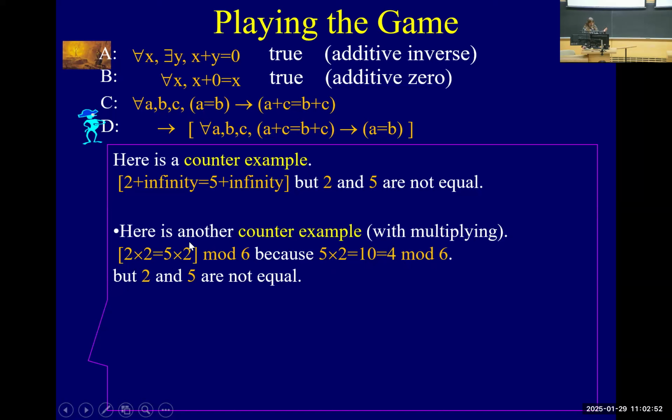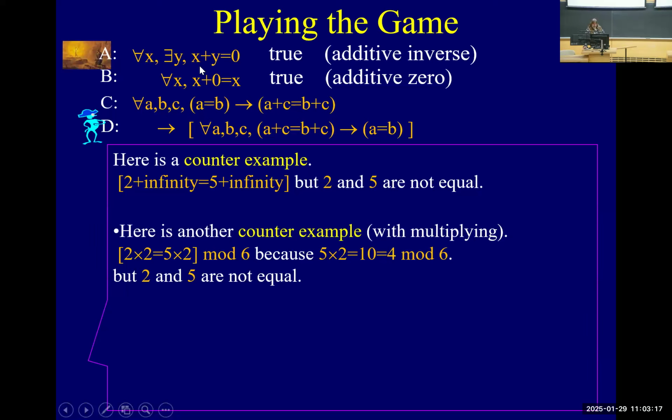But 2 and 5 are not equal mod 6, right? So here's a counterexample. And why is this a counterexample? Because over mod 6, we don't have division, right? Now, over a prime field, we have division, but over mod 6, we don't have division, right?